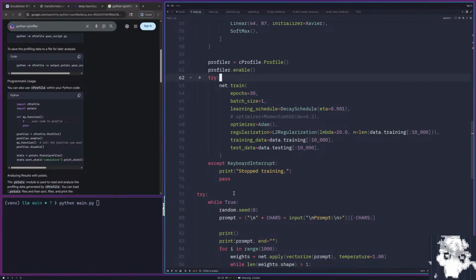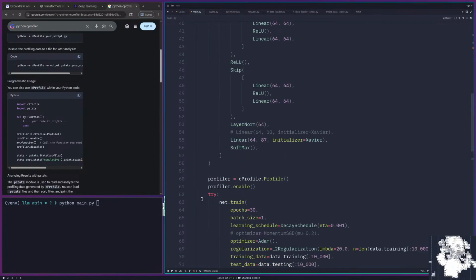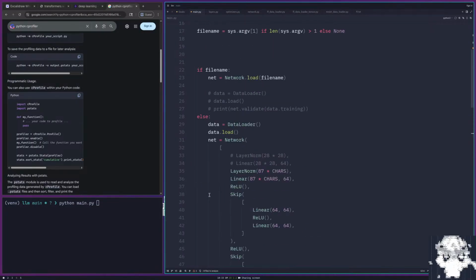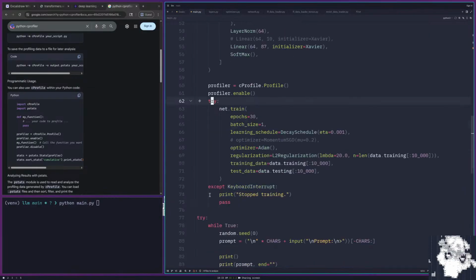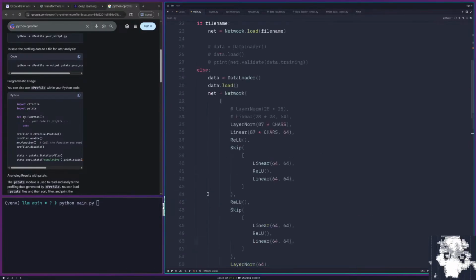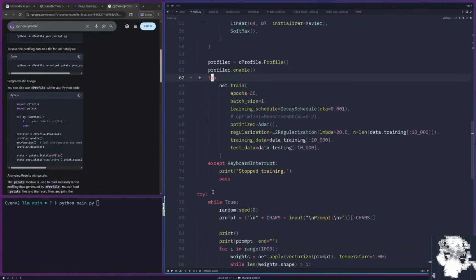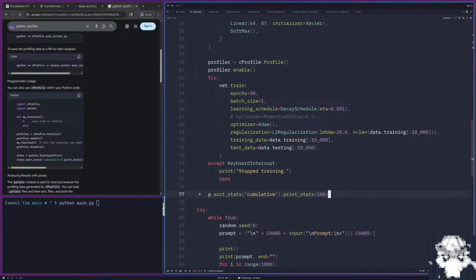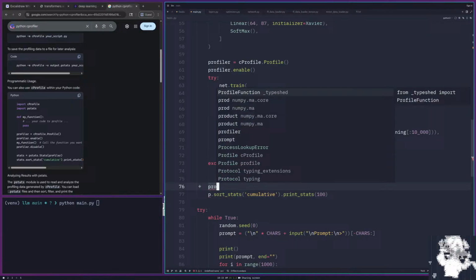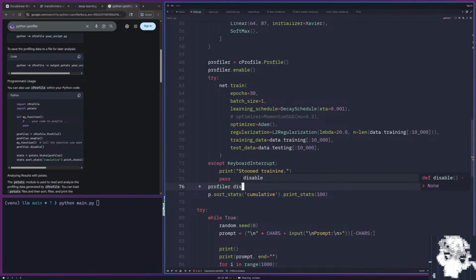Profiler enable, and then out here. Why is this indented? Oh. And then out here, profiler.disable.